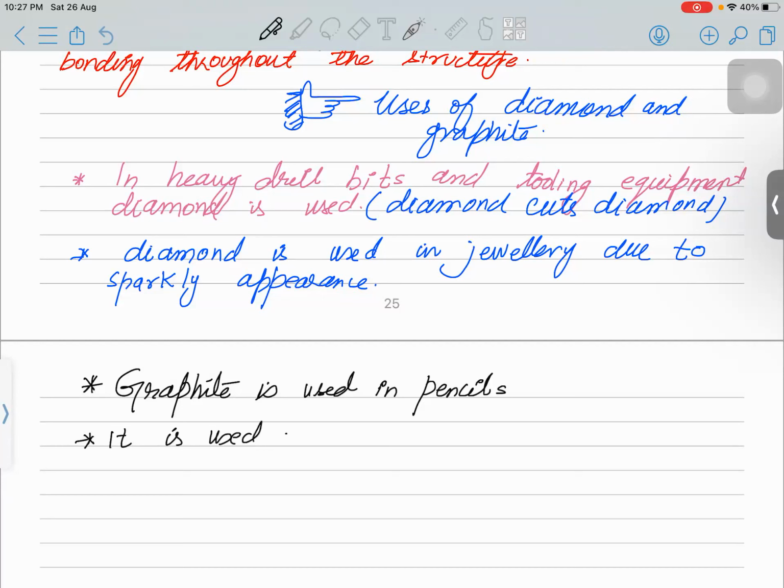It is used as a lubricant. Oil is sometimes very expensive and doesn't function as well as graphite. Graphite has a slippery touch, so we can use it as a lubricant.